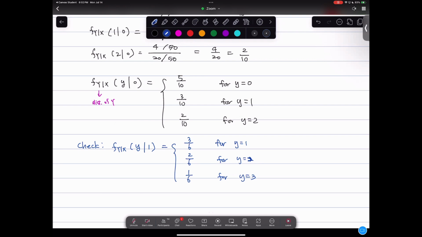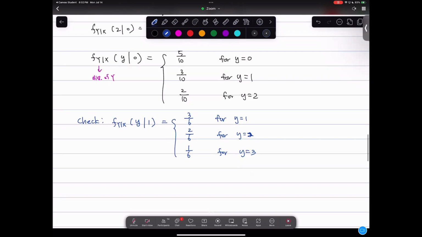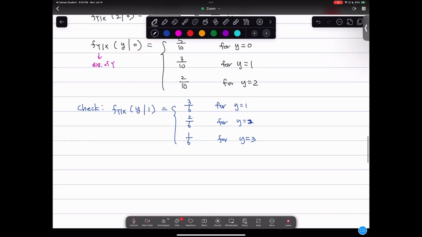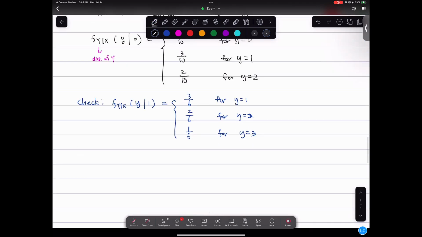So that's conditional. Okay, then I think this is part B. I did part B, so let's get part C.